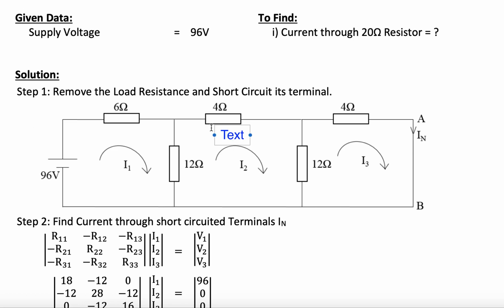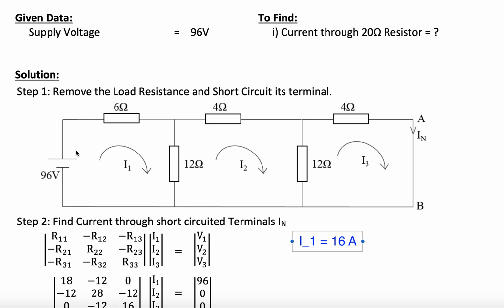So the current is I1 equal to 16 ampere, parallel with the resistor 6 ohm. 6 and 12 are in parallel: 12 times 6 by 12 plus 6, 72 by 18, 4 ohms.